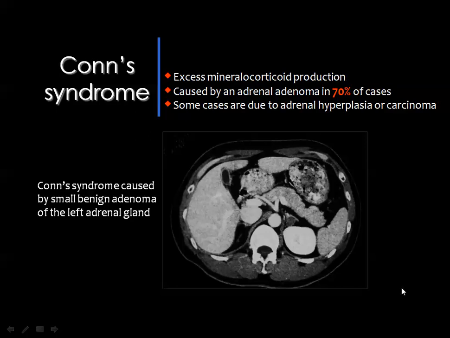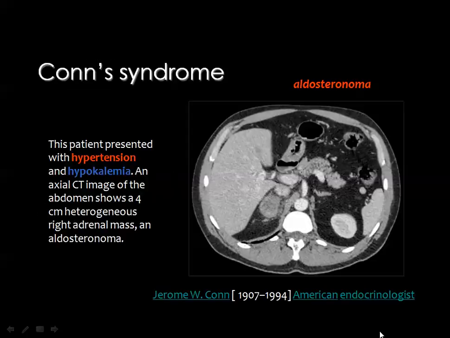Then it does not mean that the lipid rich adenoma is an innocent lesion which does not produce any symptoms. It may be functioning, and if it is functioning, it will produce one of two, either the Conn syndrome or the Cushing syndrome.